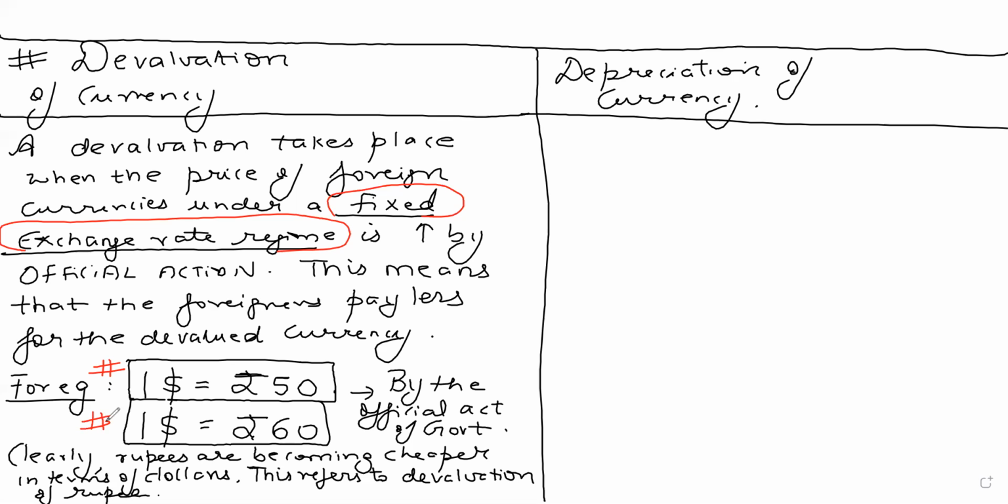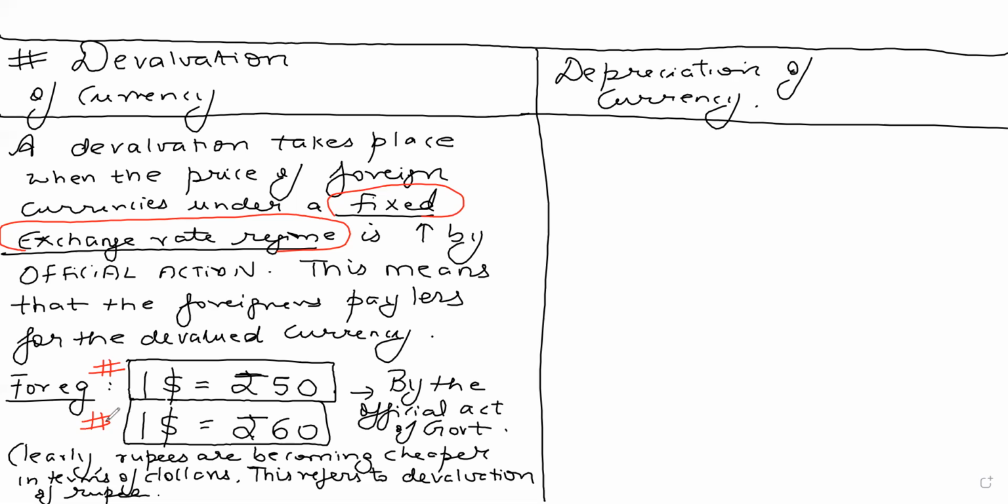It's a hypothetical example which I have taken. You can clearly see that rupees have now become cheaper in terms of dollars. Why? Because initially foreigners were spending $1 getting 50 rupee worth of goods. Now they are spending the same $1, but they are now getting 60 rupee worth of goods.